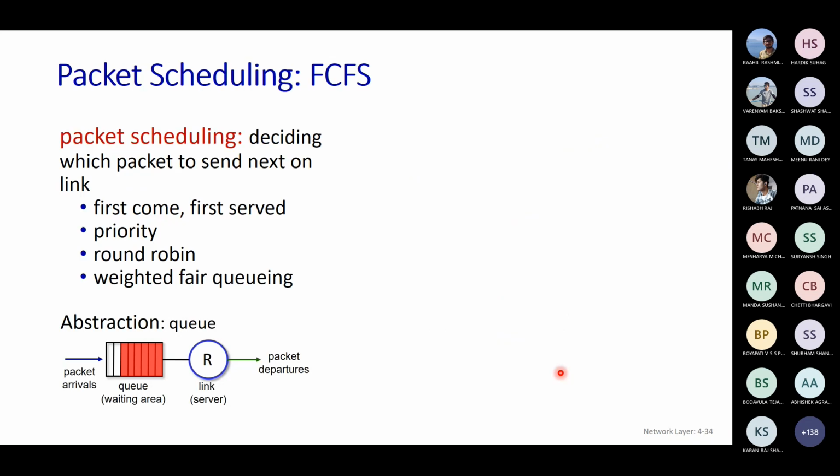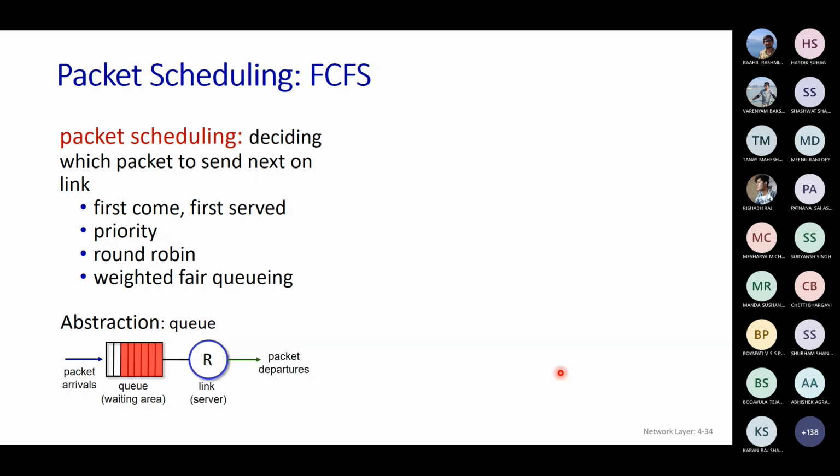Now the next part that we have studied: one is packet drops and another is scheduling of packets. When we talk about packet scheduling, we have already studied a lot about scheduling in operating systems. In any course, wherever you start studying scheduling, the first and main way of scheduling is FCFS.